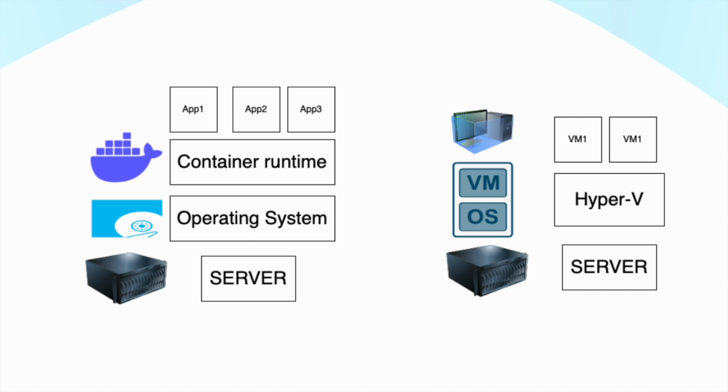On the left side of the diagram, we can see an operating system is installed on the server and a container runtime, which is Docker in our case, is running on this operating system. So different applications are running in the form of containers in this system. These applications are using resources from the operating system. By resources, we mean CPU, memory, etc. These resources are not fixed to any of the applications.